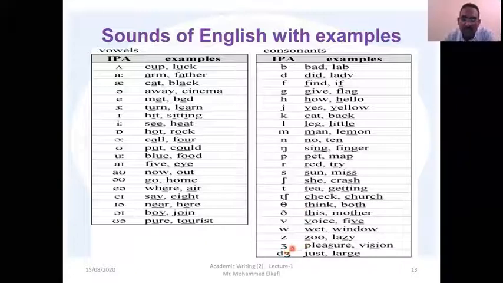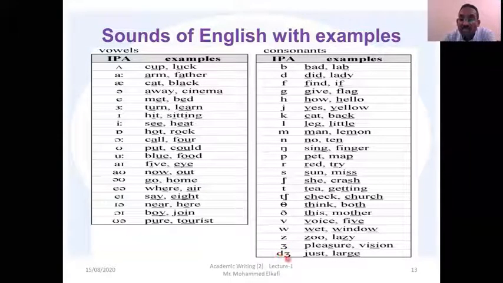Okay, the next one is also odd in its form of writing. Pleasure. The sound is zh. Pleasure. Vision. The sound is zh.